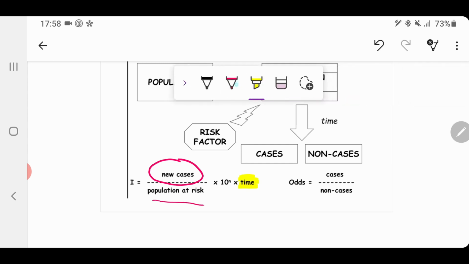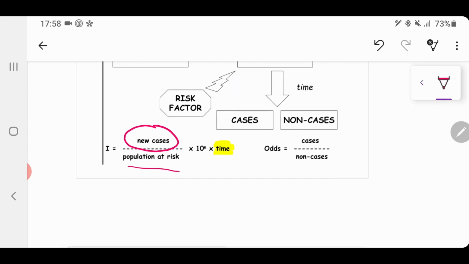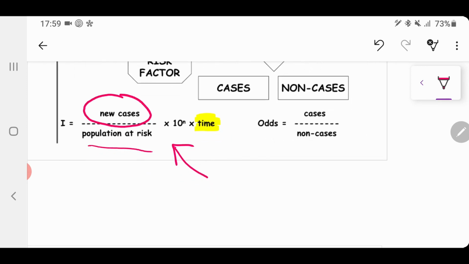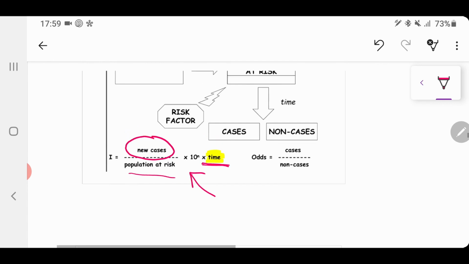All right, time is at play, and so with this, we are able to have a prospective measure. So here we can actually estimate the new cases of a certain disease because we are focusing on time. All right, so it's not a static measurement, it's a dynamic measurement.